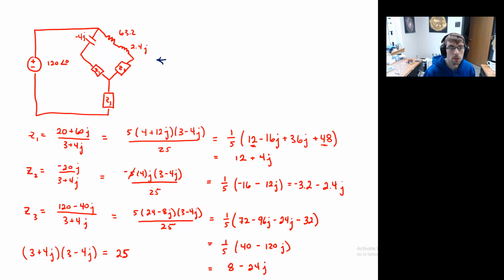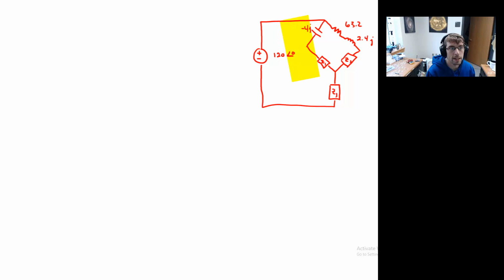For this left branch, I'll say left for a moment, what we have is a negative 4j capacitor, and added to that, we have our Z1, 12 plus 4j, which is rather convenient, don't you think?